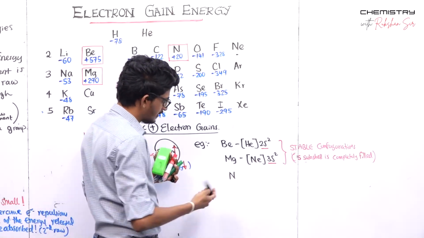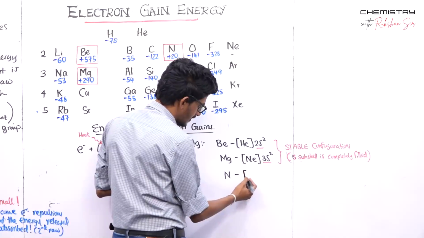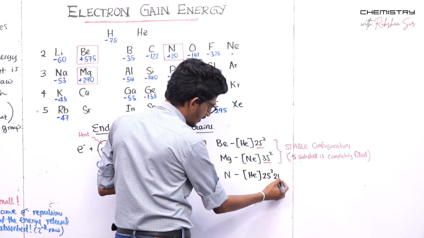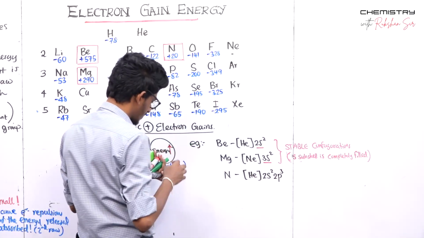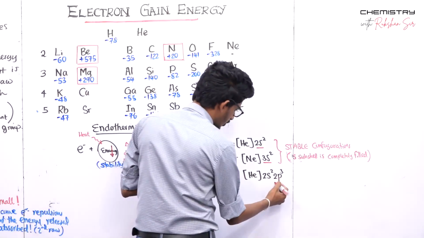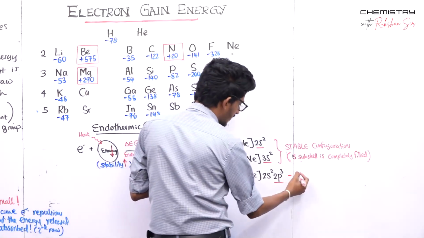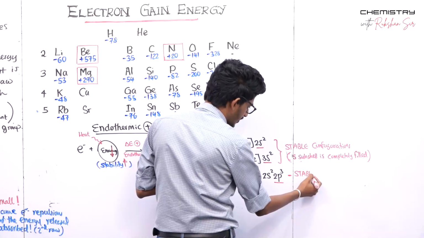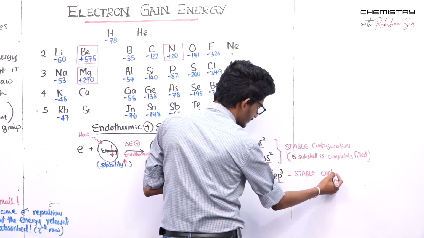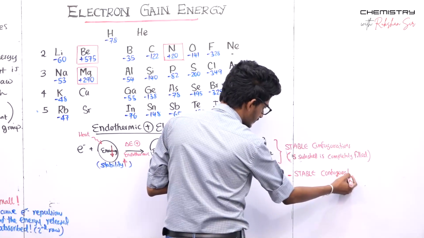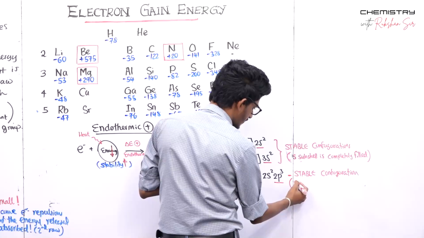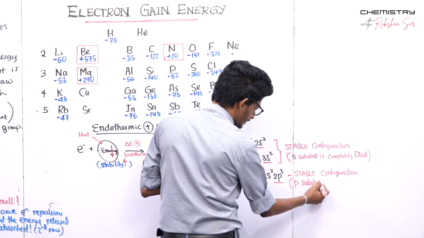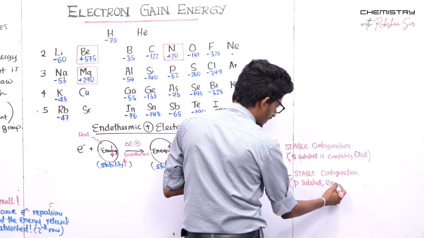When it comes to nitrogen, it is also carrying a stable configuration: helium and 2s2 2p3. See, your p subshell is exactly half filled.